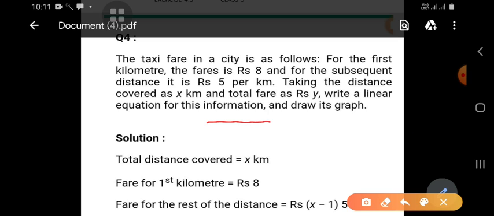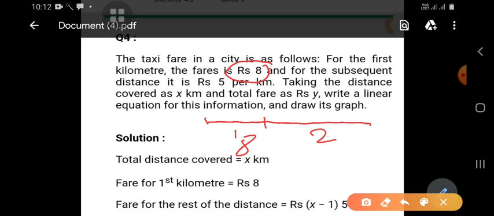Suppose you have to go 3 kilometers. Look here. Suppose this is 3 kilometers, this is 1 kilometer and this is 2 kilometers. For the first kilometer you have to pay rupees 8, that is 1 into 8, that means 8 rupees.